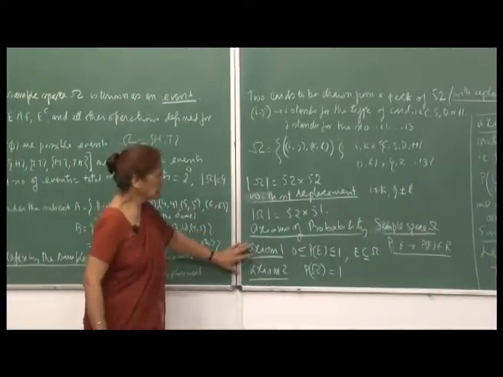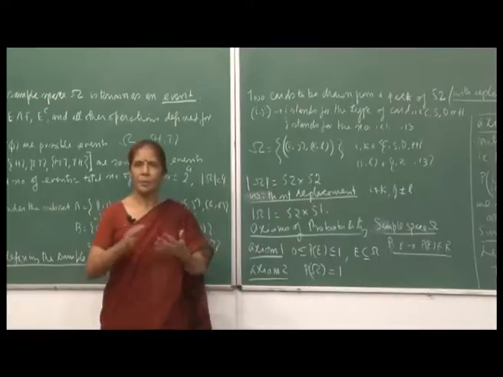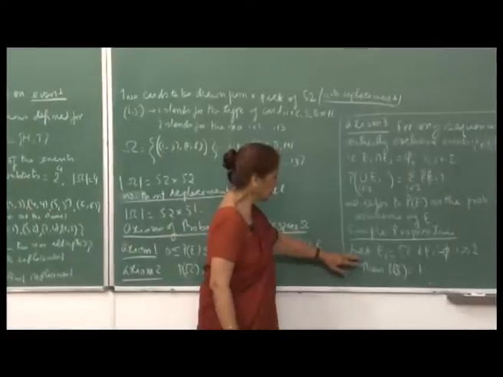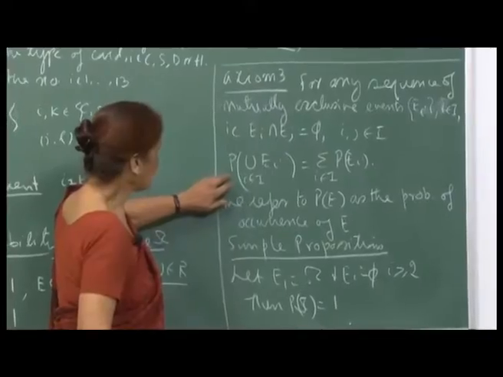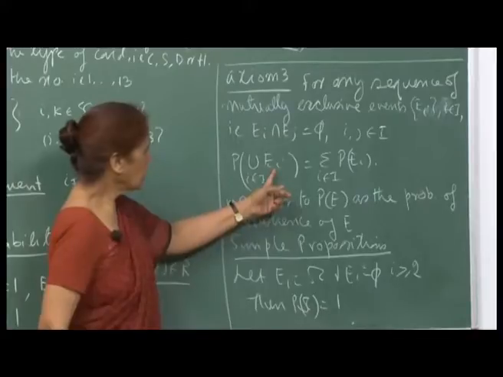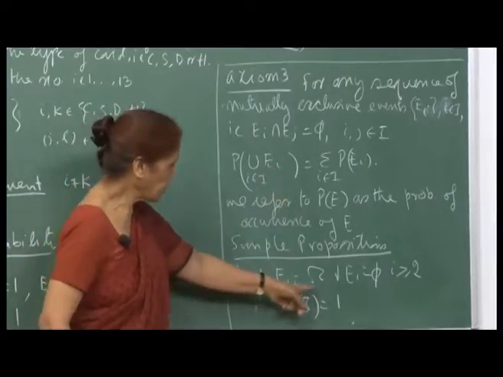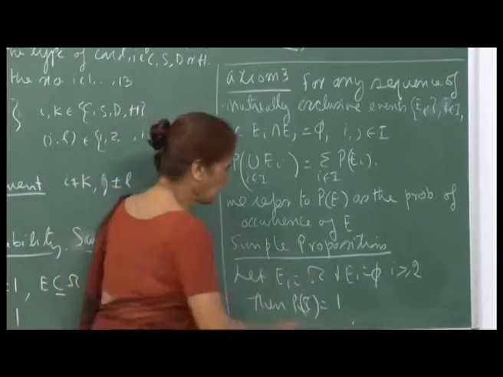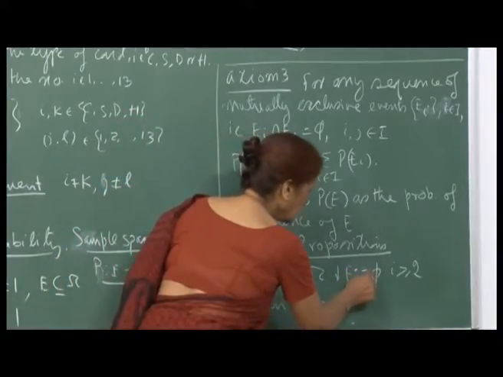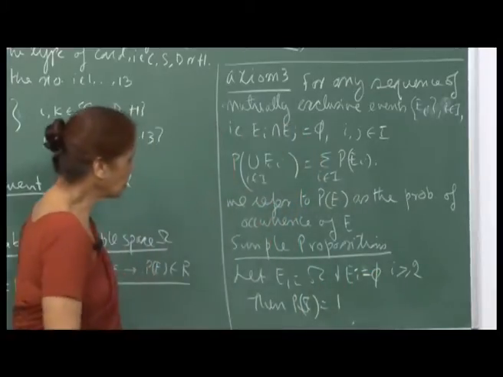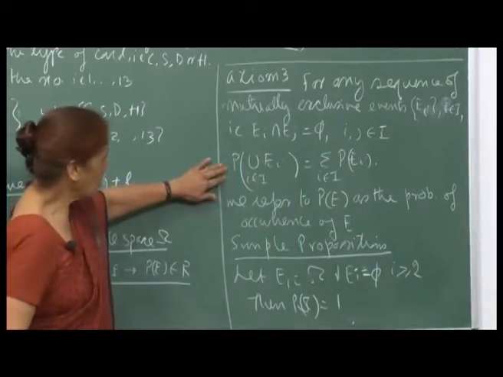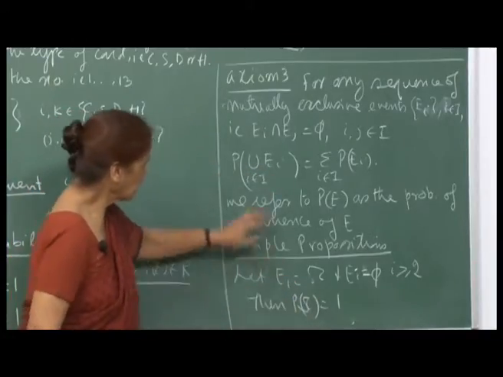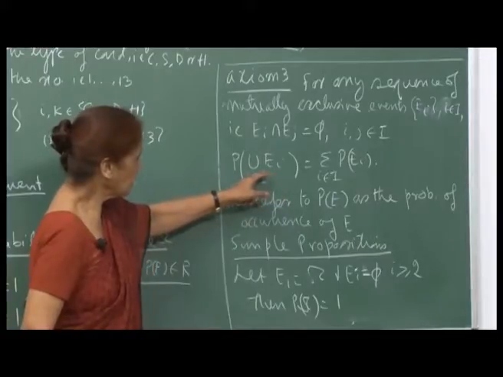So, basically using these three axioms, we will be able to build up the probability theory, and the first simple observation that you can make is from axiom 3: if you choose your E_1 to be the whole set omega, that is your sample space, and all other E_i's you choose as empty sets, for i greater than or equal to 2, then because this axiom must hold, the union will become your set omega, right, because all other E_i's are empty and E_1 is omega.